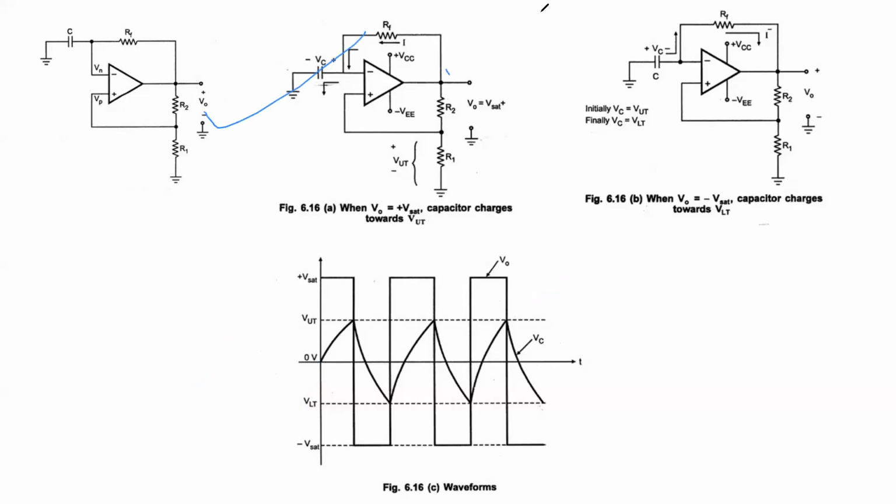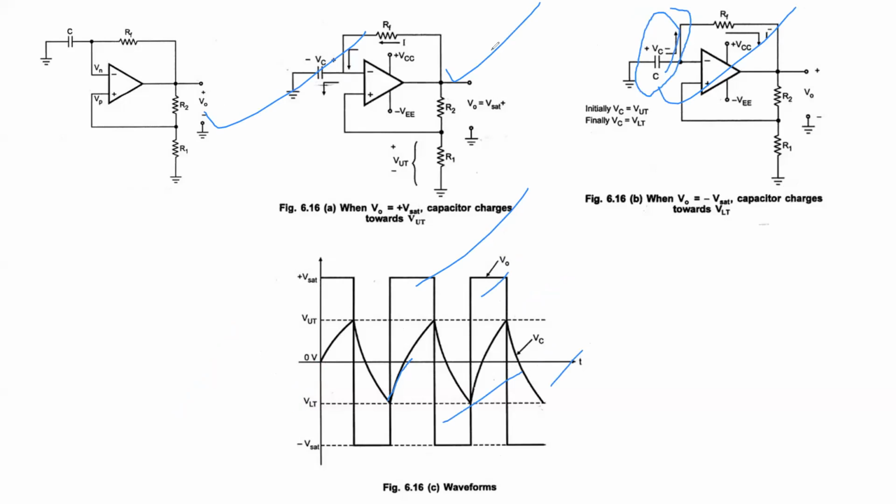Is the operation of the astable multivibrator clear, all of you? Both plus Vsat and minus Vsat are temporary states. They always change, depending upon the voltage across the capacitor.